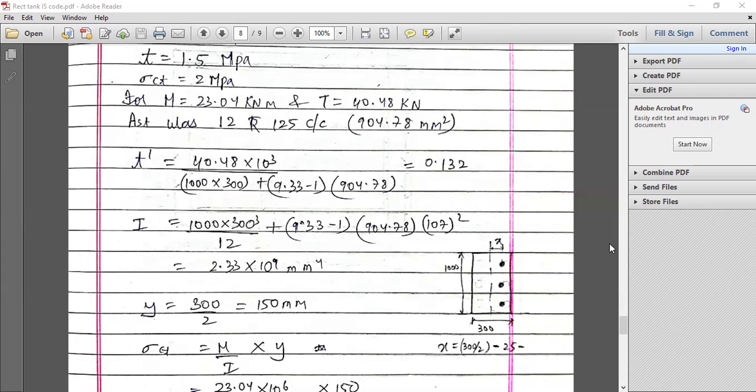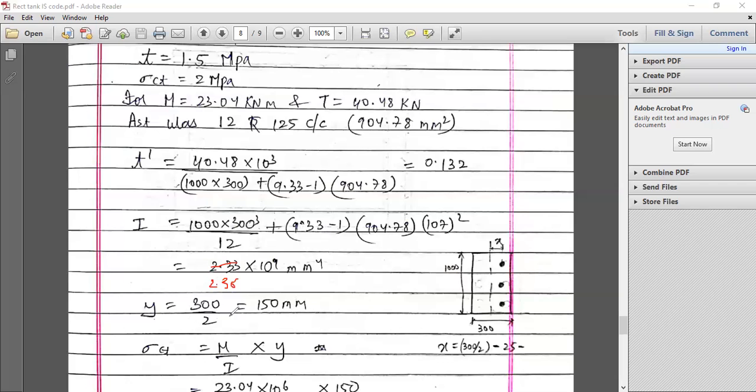Yes, anyone got the value of moment of inertia? Okay, 2.356 into 10 raised to 9. So we got the value of moment of inertia. Let us say 2.36.